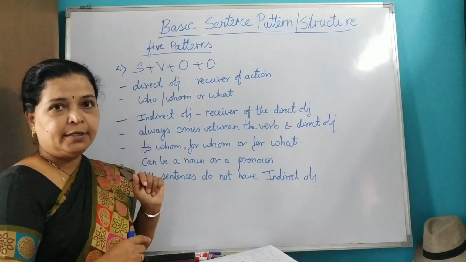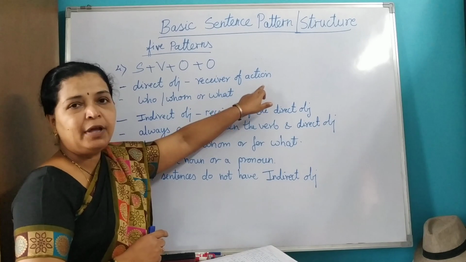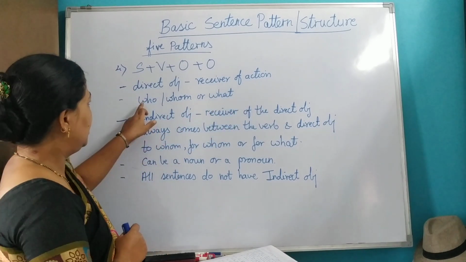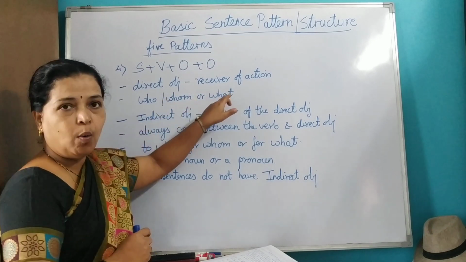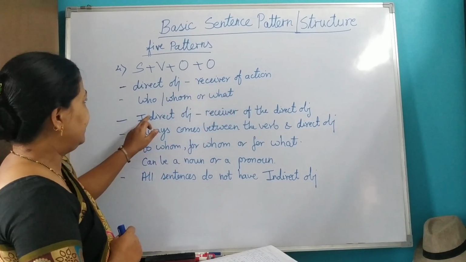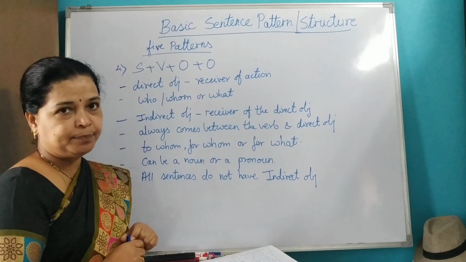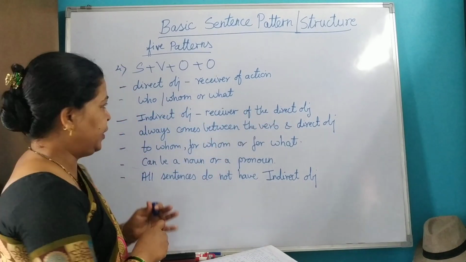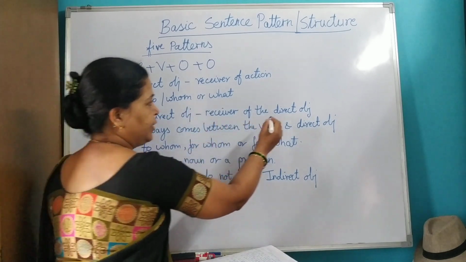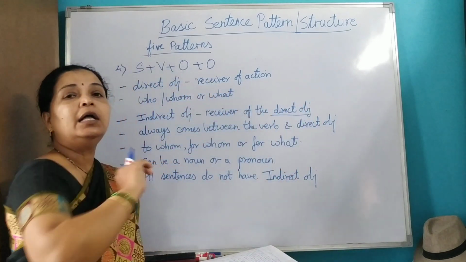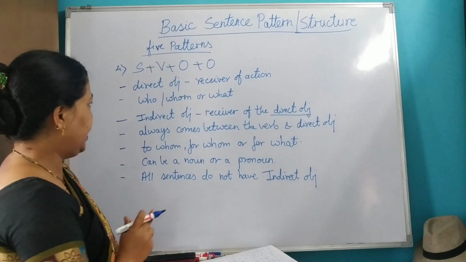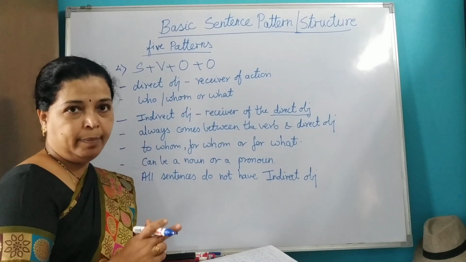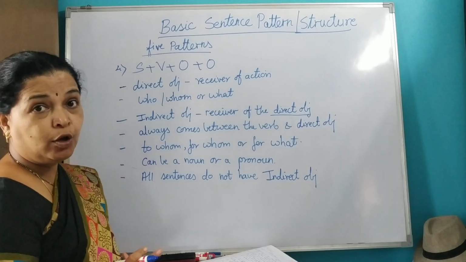Direct object is the receiver of the action. Okay. Then it answers the question who, whom or what. Okay. And indirect object, it receives the direct object. Okay. So indirect object receives the direct object. Okay. And it always comes between the verb and the direct object.